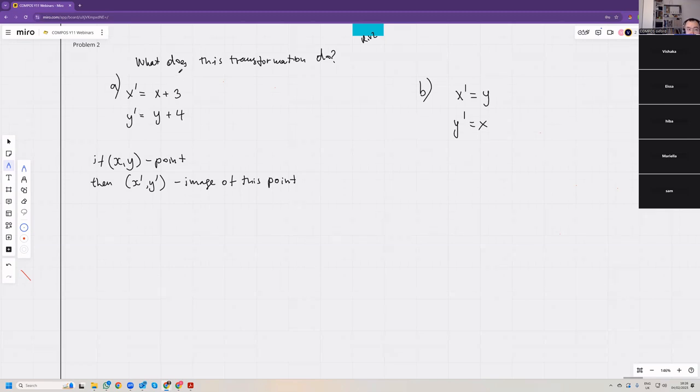To understand what the transformation does, the easiest way is to take a shape, let's say a square.